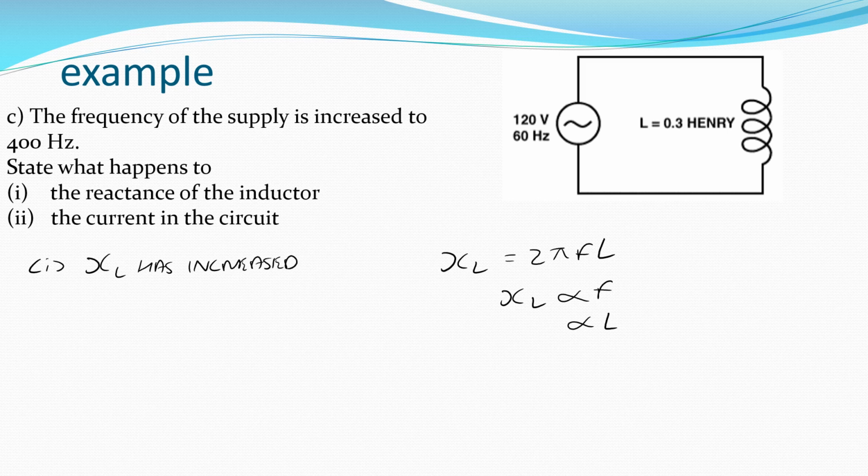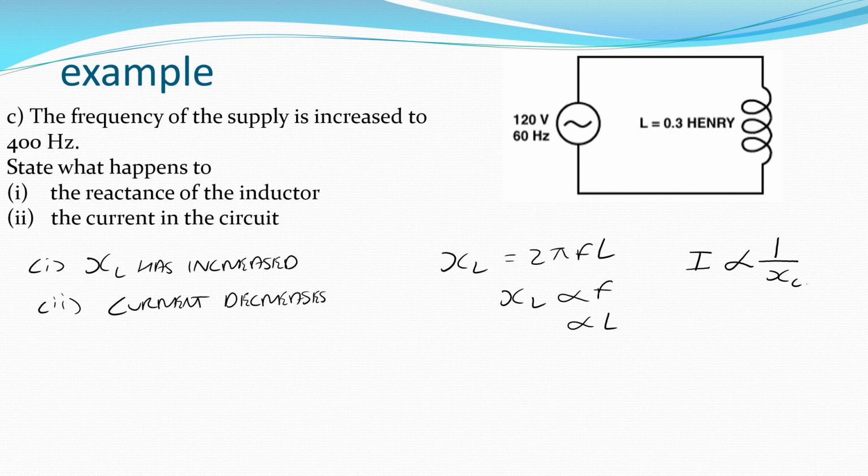Remember, reactance is very similar to resistance, but for an AC circuit. So if the reactance is increased, that means the current has decreased. Because we can say that current is inversely proportional to reactance.